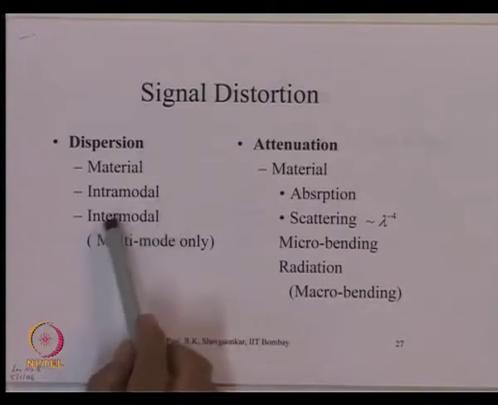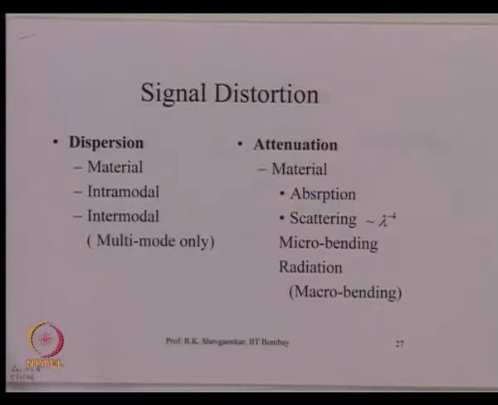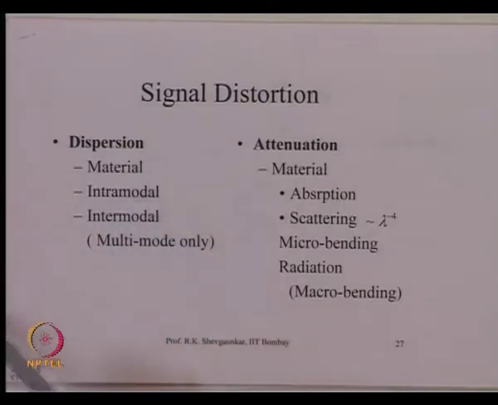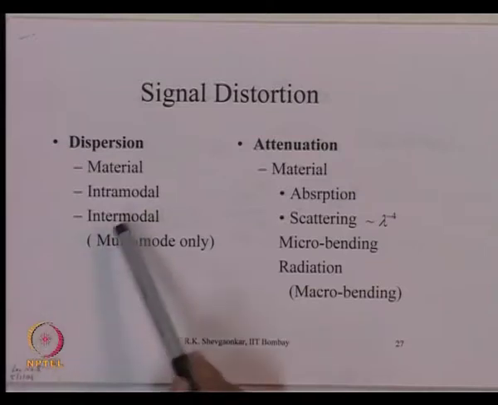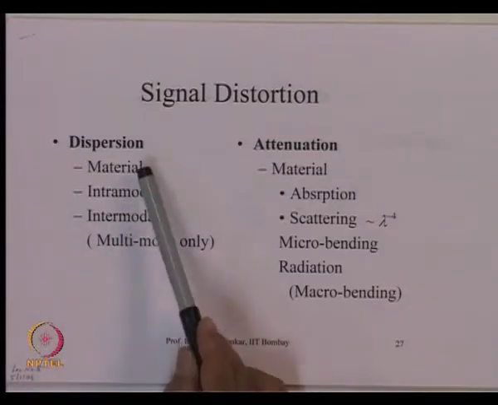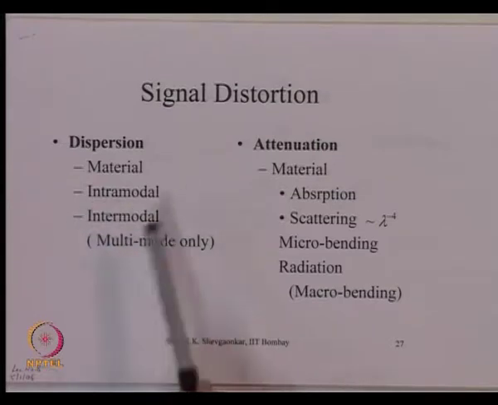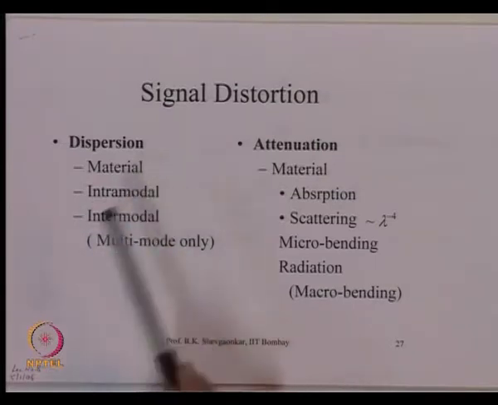And then because of the multiple modes propagating on the optical fiber, we have what is called the intermodal dispersion. In a single mode optical fiber, we have material dispersion and intramodal dispersion present, whereas in a multimode fiber, all three dispersions are present, but intermodal dispersion is much higher compared to these two dispersions.